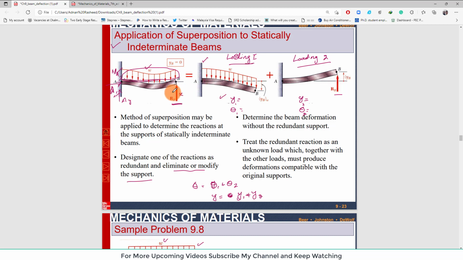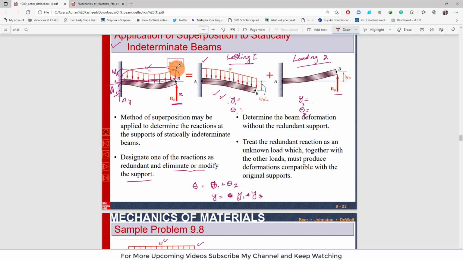We consider R as redundant, and we express the beam like that. In the second case, we consider W as redundant and represent it over here. Now we find out the deflection and slope for loading 1. Similarly, deflection and slope for loading 2, clear.